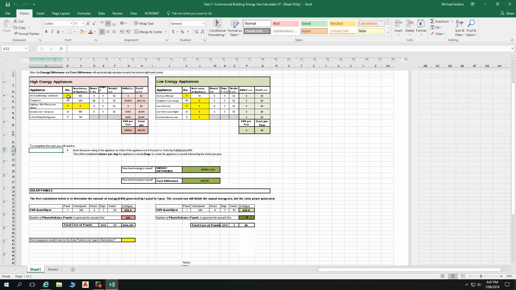So we have it set out. Actually, I'll just go through this quickly. Within our calculator, we have air conditioning inefficient and air conditioning efficient. In that box, that's the only one that we have to determine. So that we determine by working out what the air conditioned area is going to be.